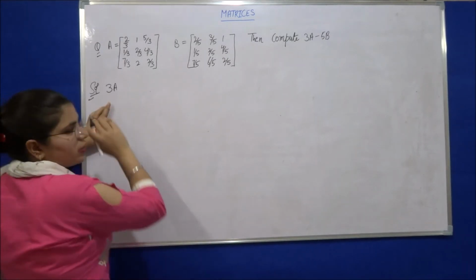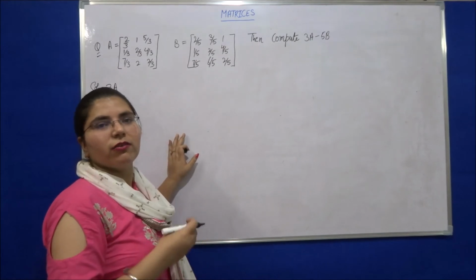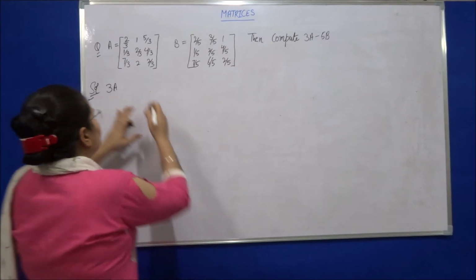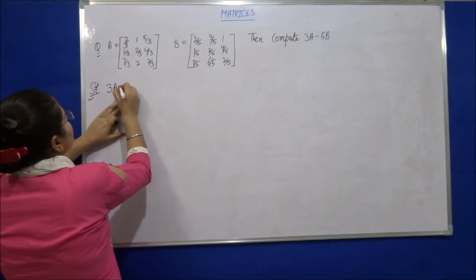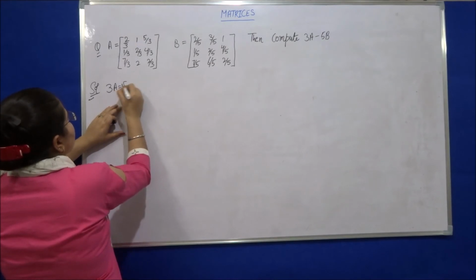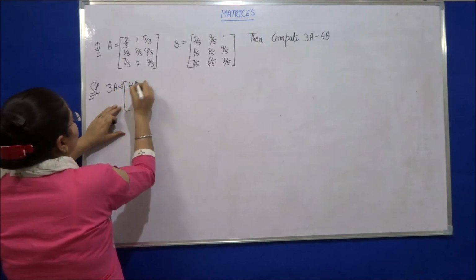Now here instead of K, we are given with value 3. So multiply 3 with matrix A.